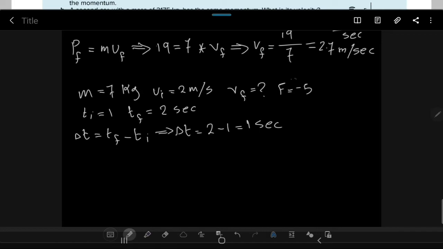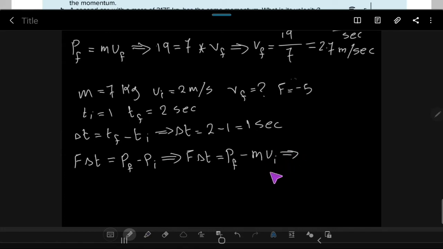And after that, we will write the general equation, F delta T equal to P final minus P initial. And P initial is equal to m v initial. And now we will write the numbers. We have F from the shape that we found, which is equal to -5 Newton.